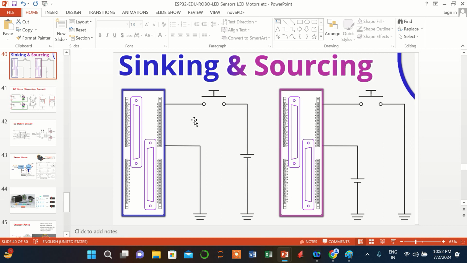So 3.3 volts divided by 330 ohms will roughly give you a few milliamperes of current, around 10 milliamperes, so that the pin will never get damaged. So whenever you connect any sensors, any switches, or even in the case of output also, make sure there is a series resistor which will limit the current to somewhere around 10 to 40 milliamperes.